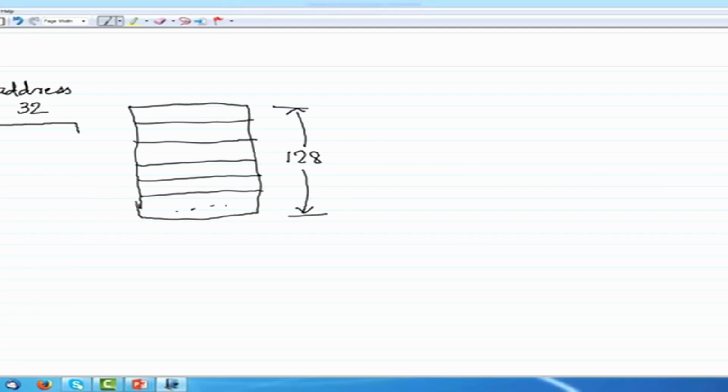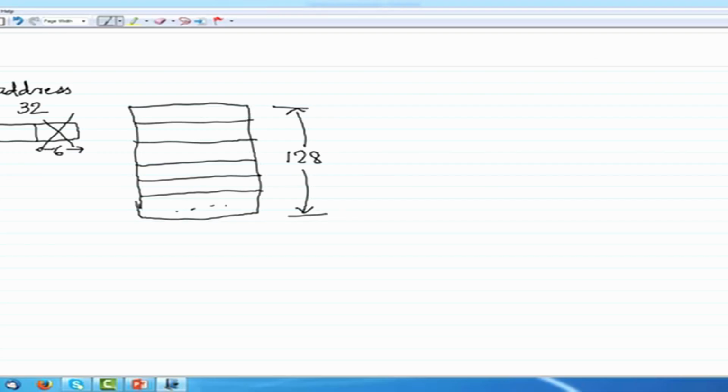and we try to break the address into two parts. One part is the offset of the byte within the block, and the other is the block address. So since a block is 64 bytes and 64 is 2 raised to power 6, the first 6 bits represent the address of the byte within the block. So this is something that we can ignore or discard.